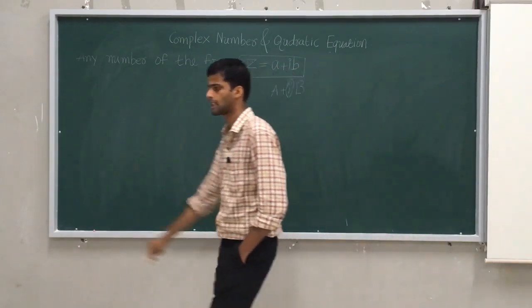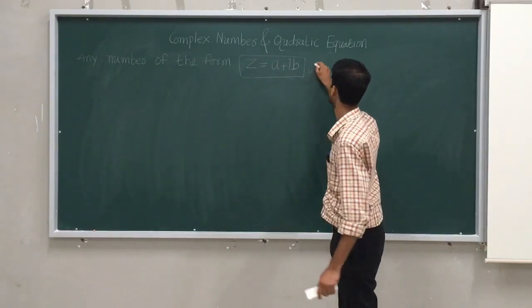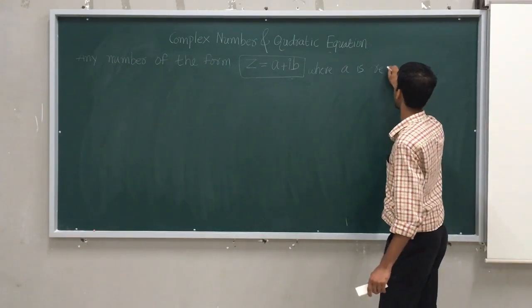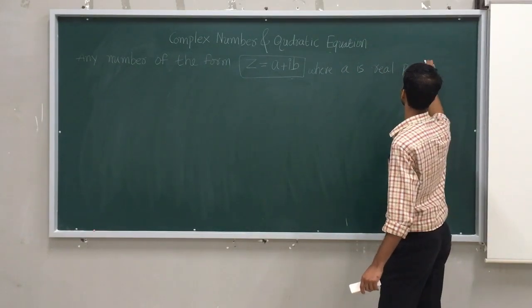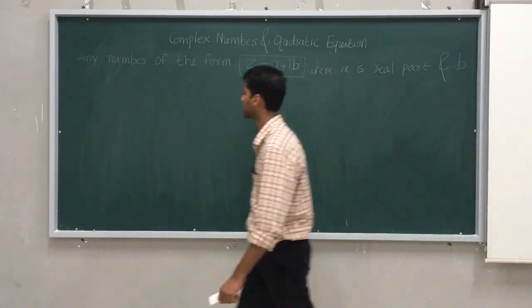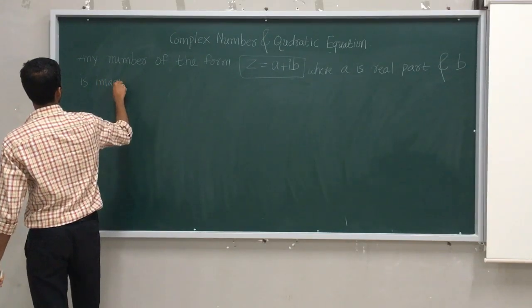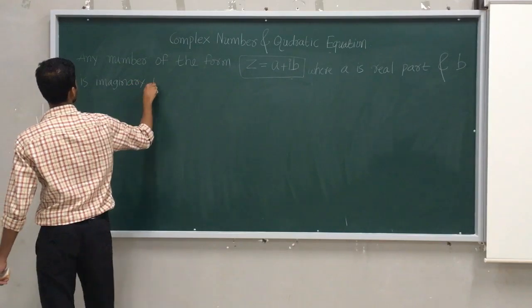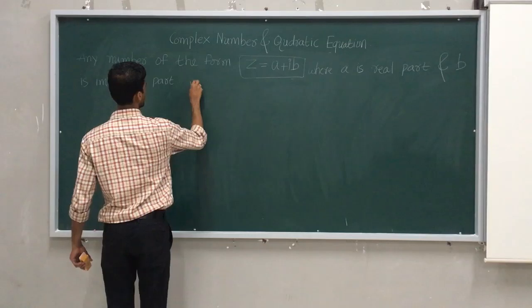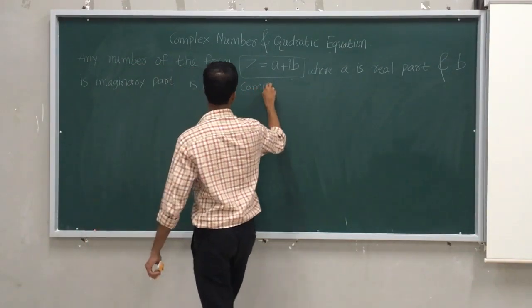Any number of the form z equal to a plus ib, where a is the real part and b is the imaginary part, is called a complex number.